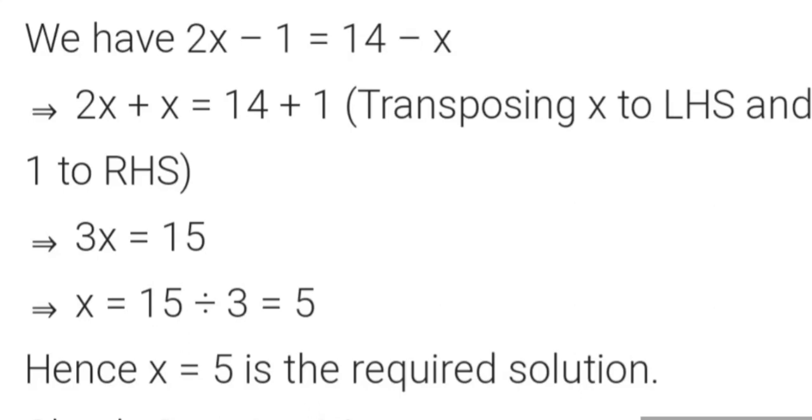So 2x plus x is 3x and 14 plus 1 is 15. So 3x is equal to 15 means x is equal to 15 upon 3 means x is equal to 5. Hence x is equal to 5 is the required solution.